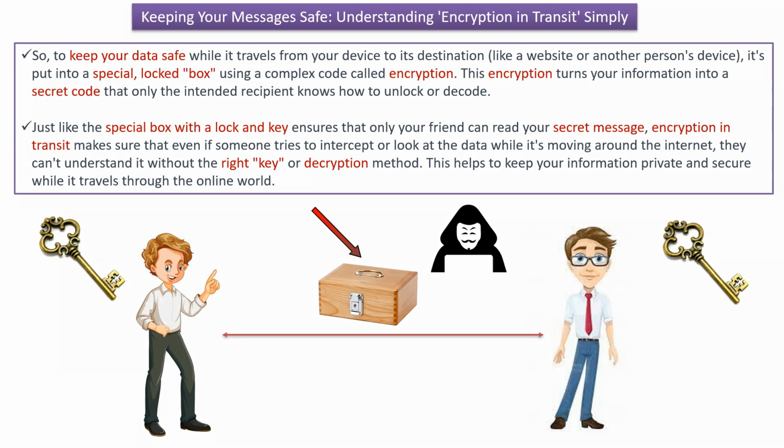Just like the special box with lock and key ensures that only your friend can read your secret message, encryption in transit makes sure that even if someone tries to intercept or look at the data while it is moving around the internet, they cannot understand the data without the right key or decryption method. This helps to keep your information private and secure while it travels through the online world.